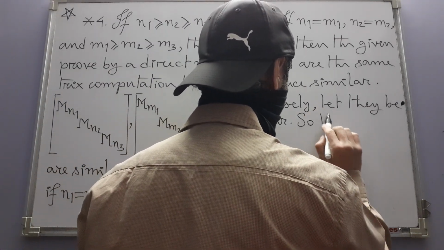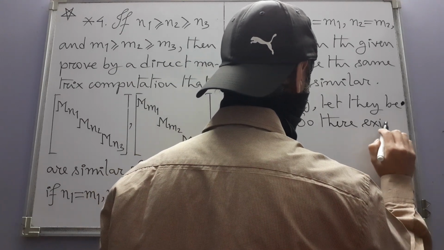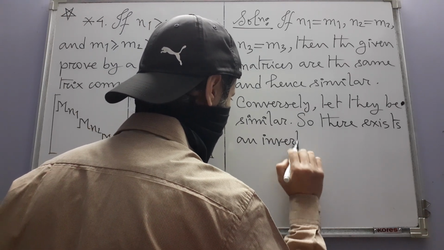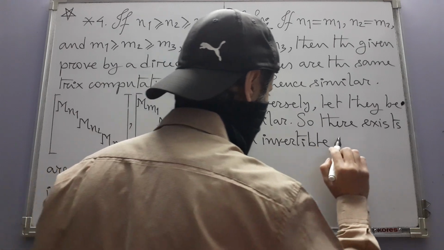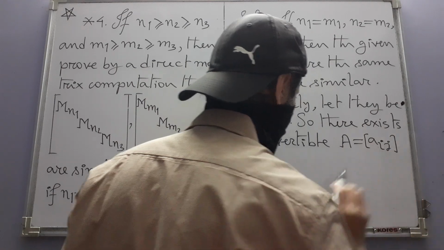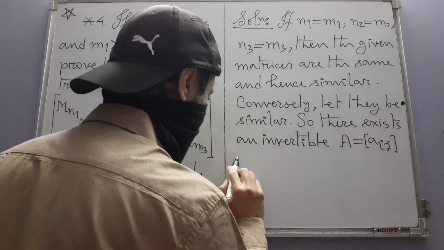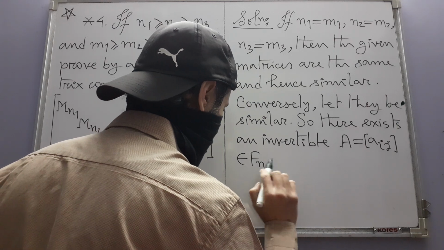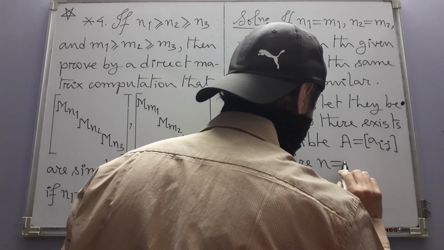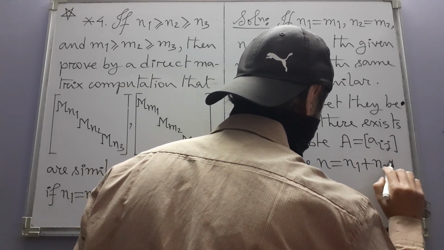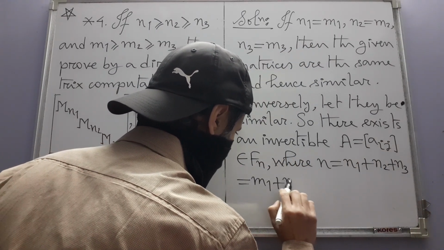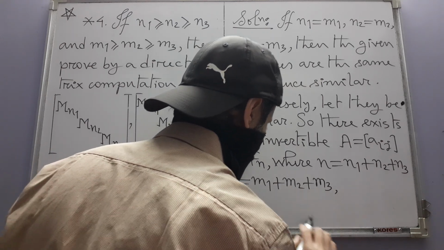So there exists an invertible matrix A, which say has Aij as its ith row, jth column entry in Fn, where n is the common size, n1 plus n2 plus n3 equal to m1 plus m2 plus m3.